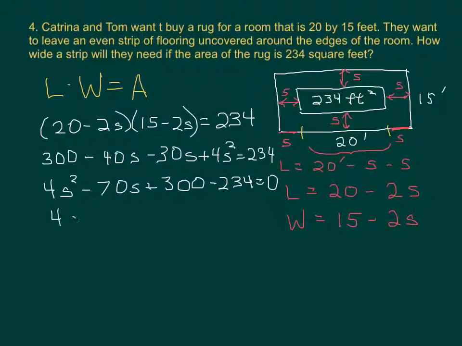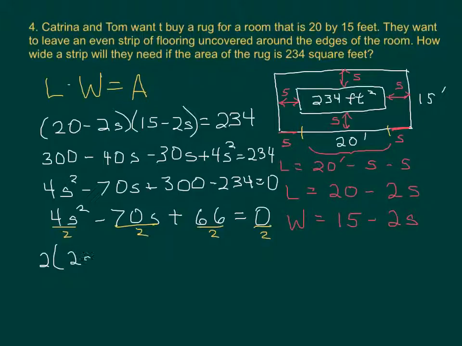Simplifying once more, 4S squared minus 70S plus 66, because 300 minus 234 equals 66, and that equals 0. It looks like each of those terms are divisible by 2, so we're going to pull out a 2 as a common factor, which means we're dividing everything by 2.